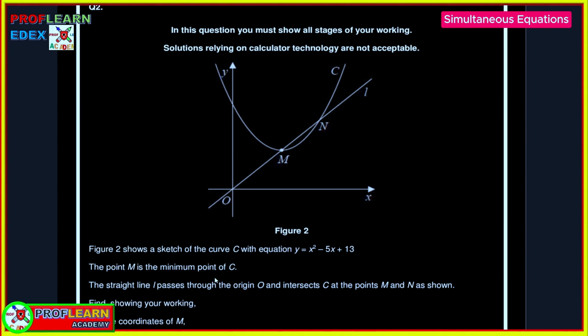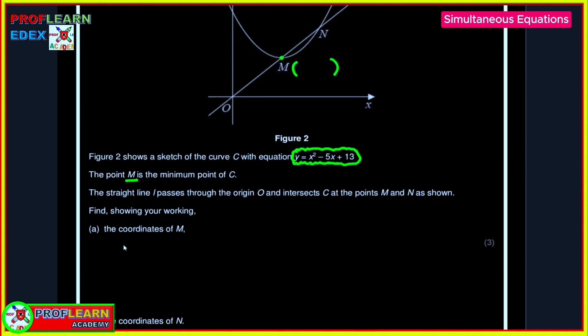In the first part, question a, we are supposed to find the coordinates of M. And remember, for you to find the coordinates of the turning point of the quadratic equation, what you are expected to do is to complete the square. We are going to use the completing the square method so that we can express that equation in a way we can find the coordinates of the turning point.